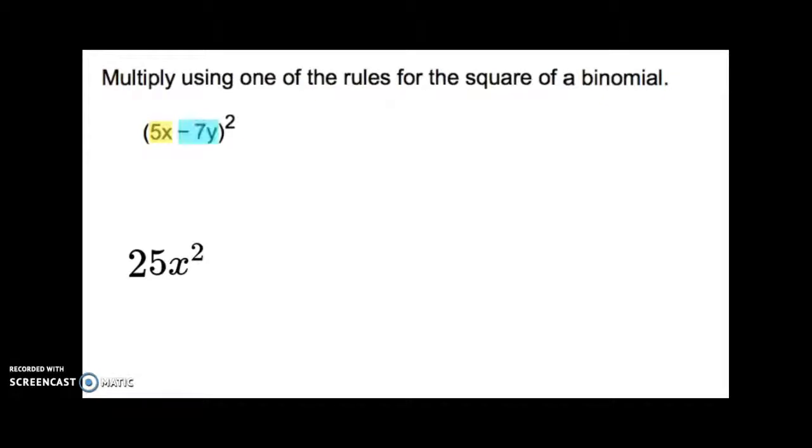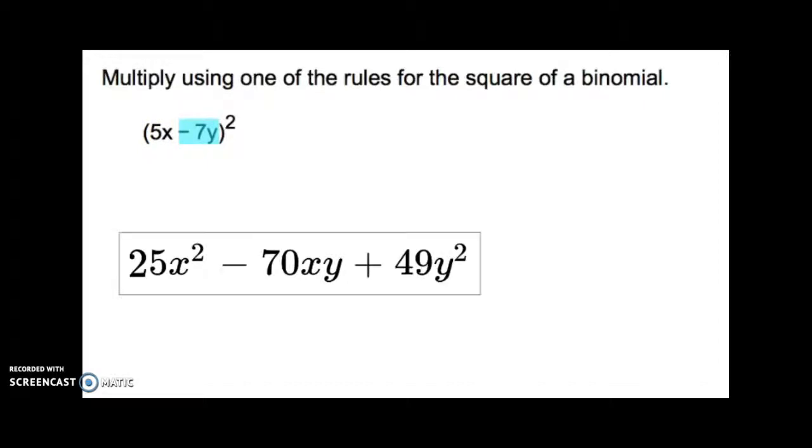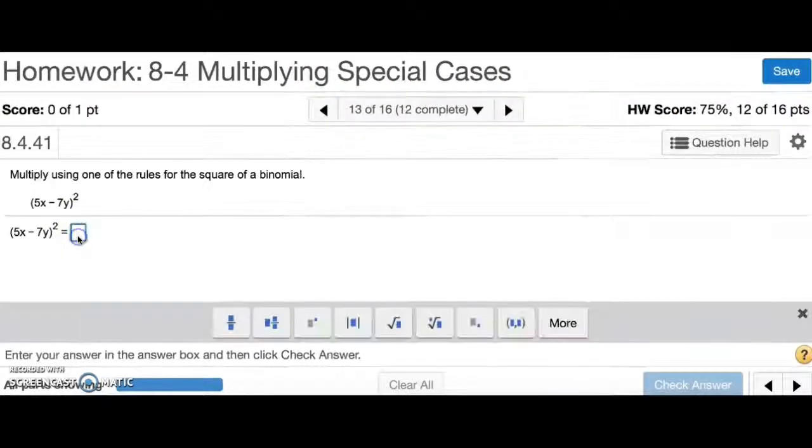Then we multiply the two terms together, which is negative 35xy, and we double that, and we get negative 70xy. Then you square the last term, which will give you positive 49y squared. So my answer will be 25x squared minus 70xy plus 49y squared. Let's type that in. We have 25x squared minus 70xy plus 49y squared.